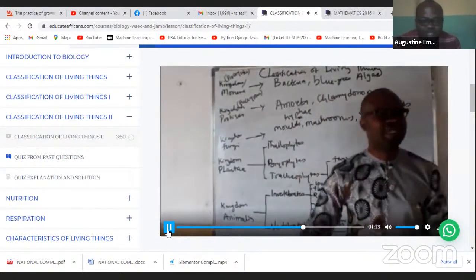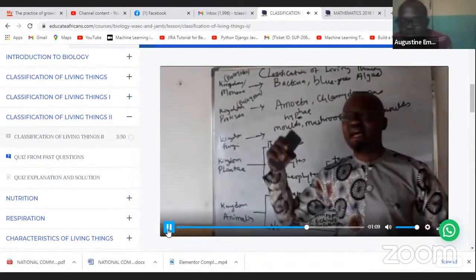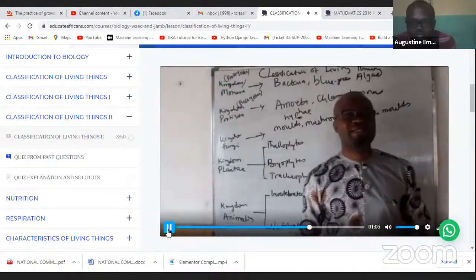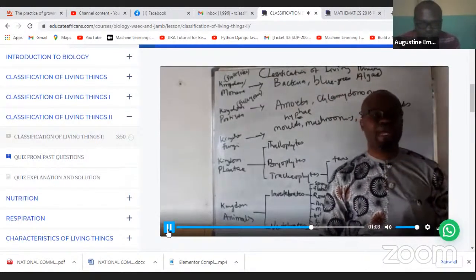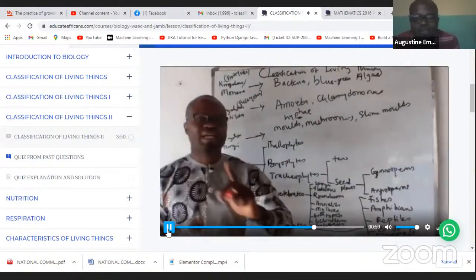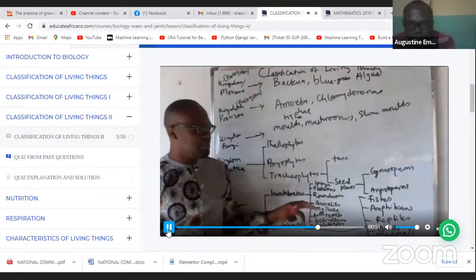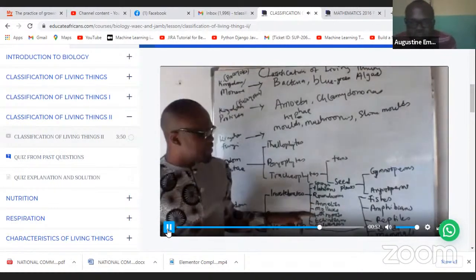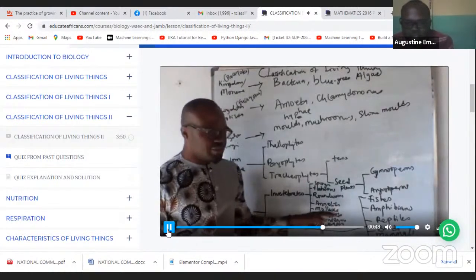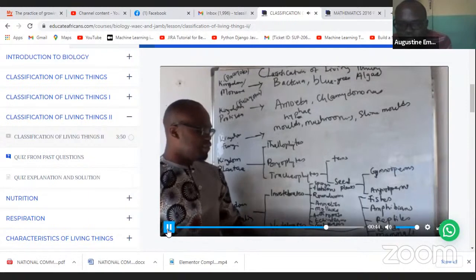And finally, we have the kingdom Animalia, under which we have majorly invertebrates and vertebrates. Vertebrates have backbone. Invertebrates, they don't have backbone. Examples of the ones that don't have backbone: flat ones, round ones, annelids, mollusks, arthropods, echinoderms, and coelentrates.